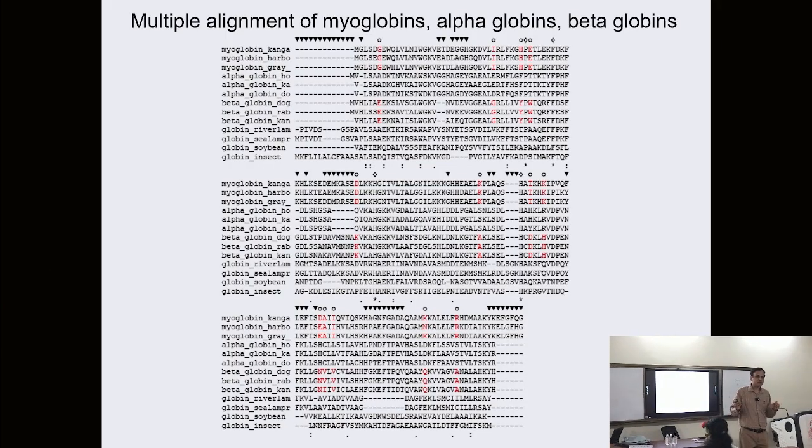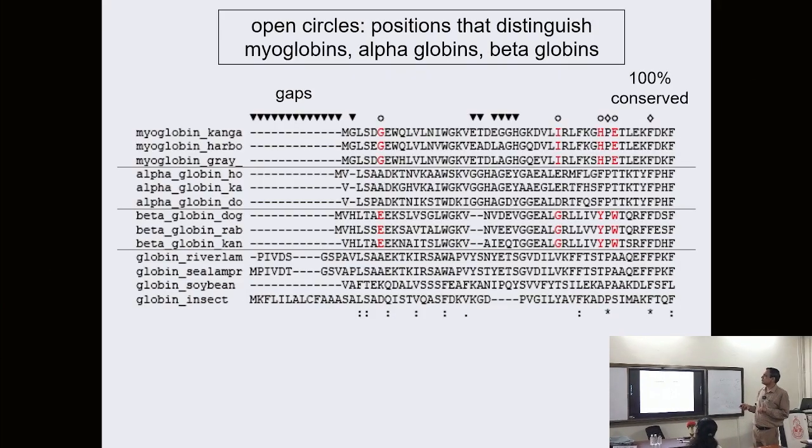So let's look at those positions that can help discriminate between myoglobin, alpha globin, beta globin, and soybean globin or insect globin. Okay, just forget this. Just consider myoglobin, alpha globin, and beta globin. So look at these positions indicated by open circle.